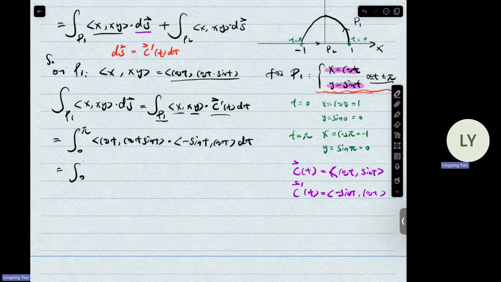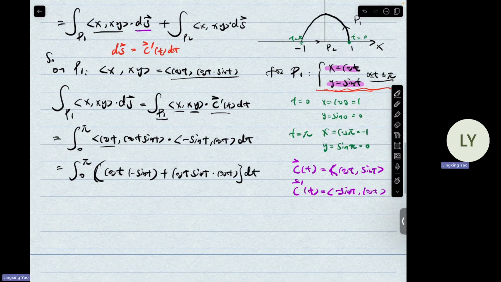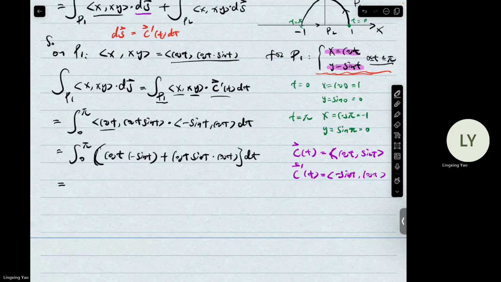Which is what? Let's compute cosine t times negative sine t plus cosine t sine t times cosine t dt, from 0 to pi.